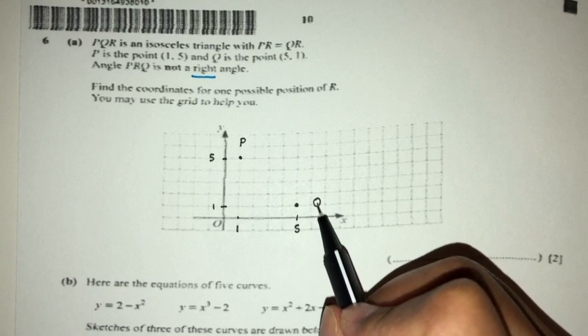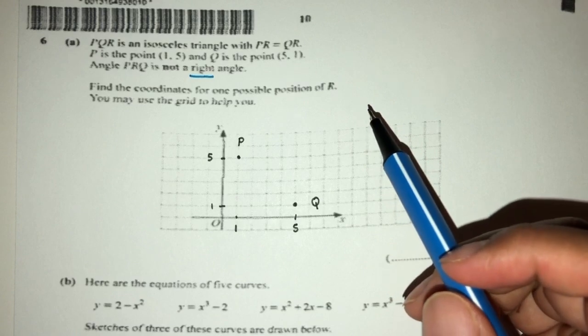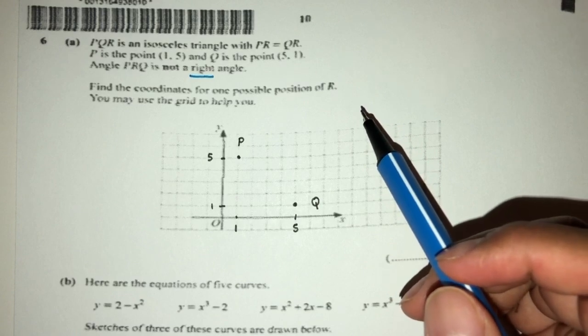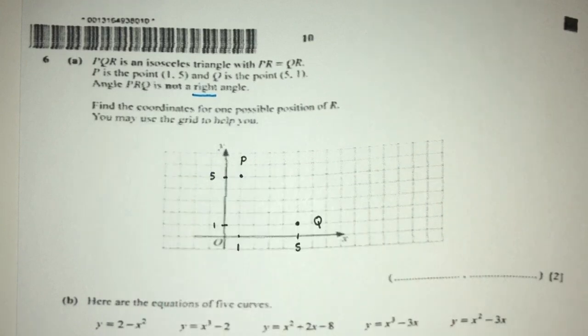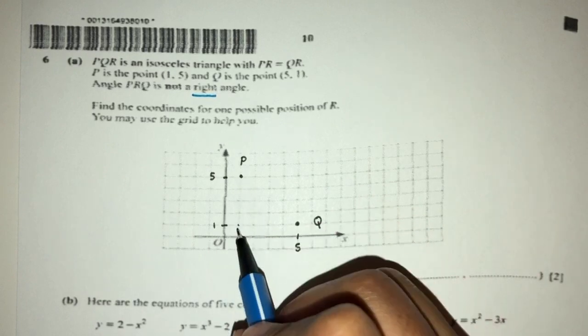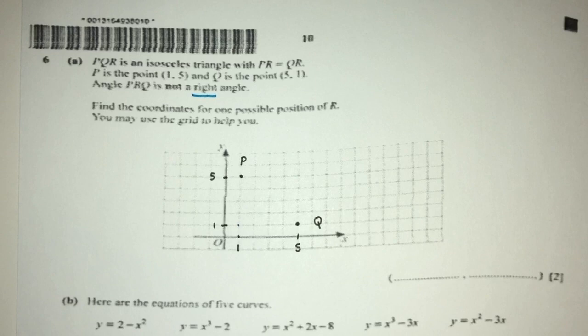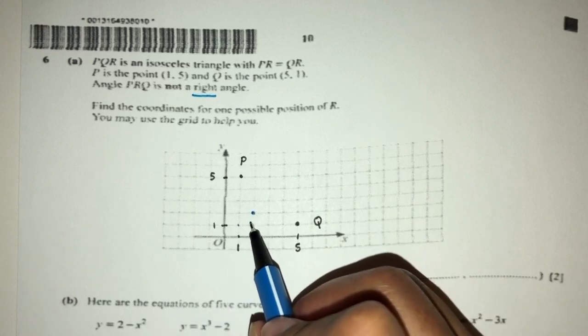Now, where can I place my point R so that I can get an isosceles triangle, but which is not a right angle? If I put the point R here, it will be a right angle triangle, so it would not be good. So I will have to put it somewhere over here. So let's try this.